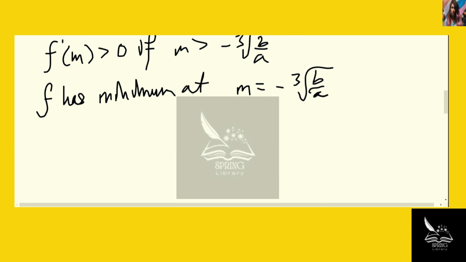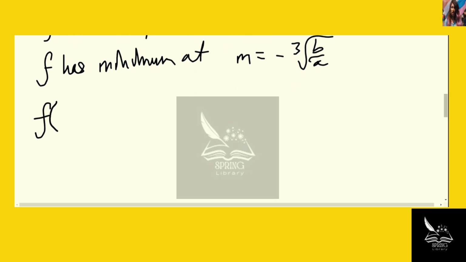Now we'll plug this back into our distance function. So we have f of negative cube root of b over a.